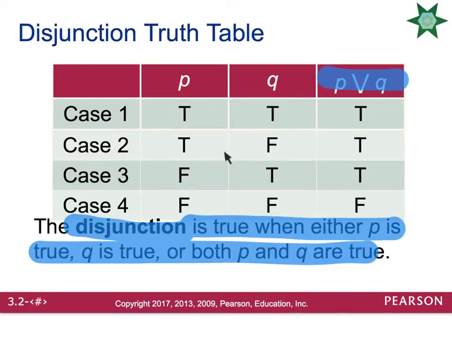Case 2, P is true, Q is false, so at least one of them is true, so P or Q is true. Case 3, P is false, Q is true, so at least one is true, so P or Q is true. And the only time that P or Q is false is when they're both false. So it's different than P and Q: here we just need one of them to be true. For "and," we need both of them to be true.